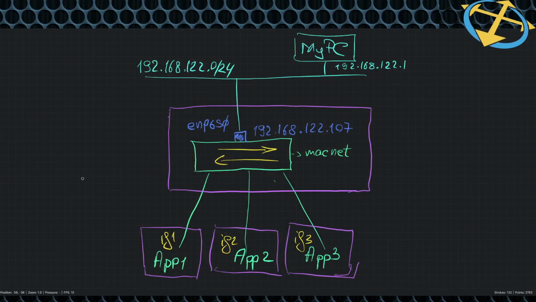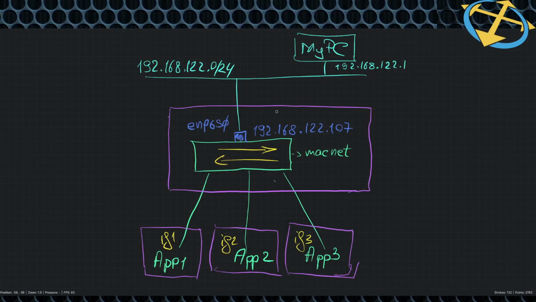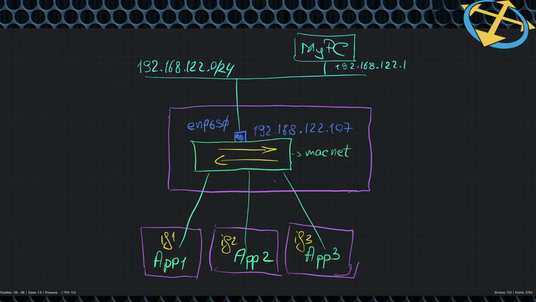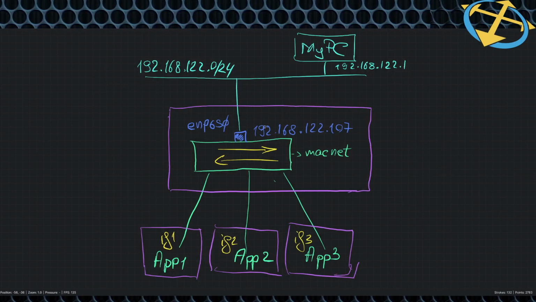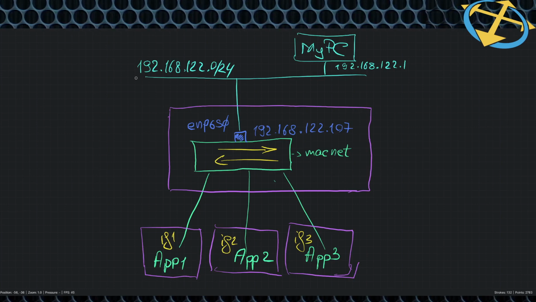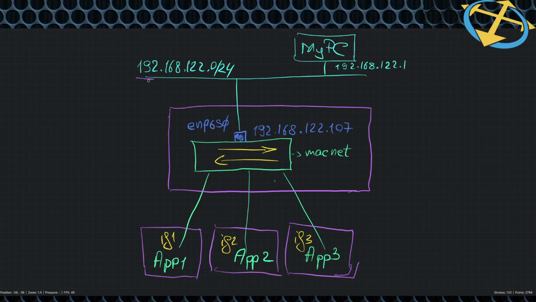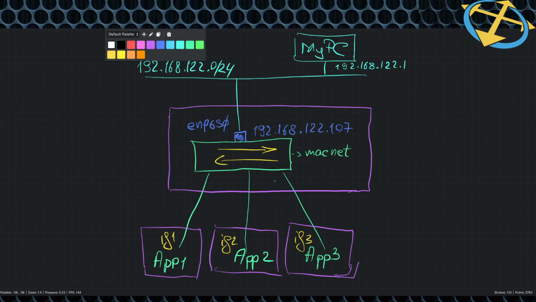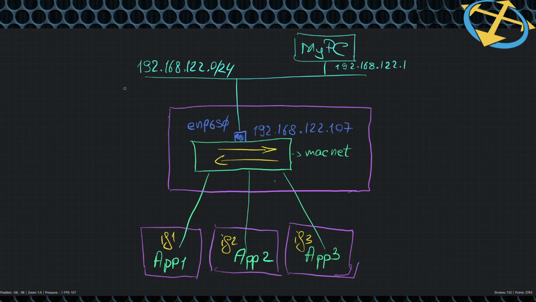So let me show you a quick overview of our configuration here in a gray board. I have my physical network, which is this one right here. Let me choose a color to emphasize that.